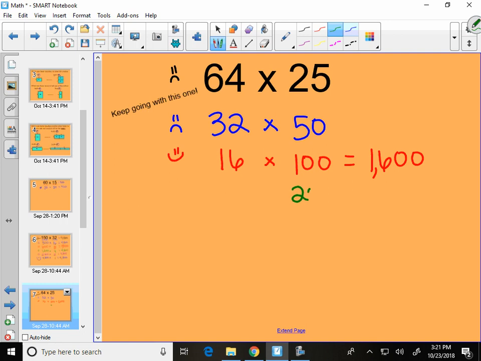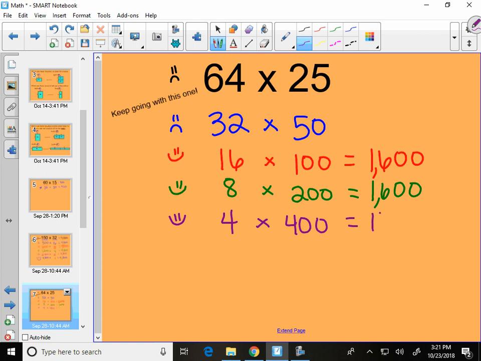Double one of the numbers while cutting the other number in half. That's pretty easy to do. I like this one. 8 times 2 is 16. 2 on the left, 2 on the right. I could keep going if I wanted. If you double one number while cutting the other number in half, you can often get a much easier to work with problem. 4 times 4 is 16. 2 on the left, 2 on the right.